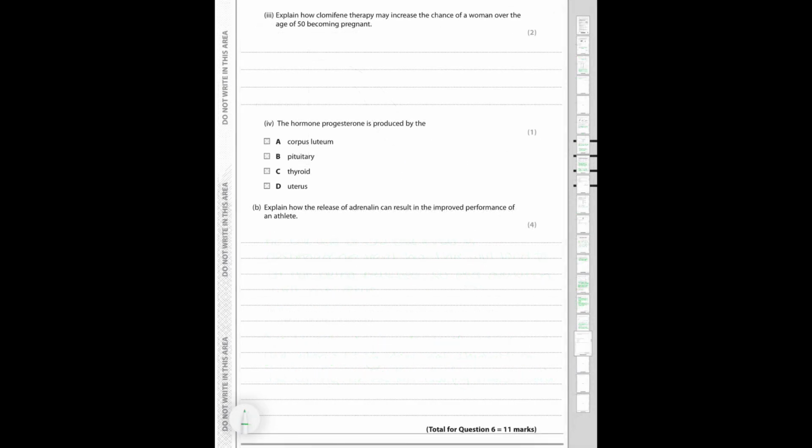Explain how clomiphene therapy may increase the chance of a woman over the age of 50 to become pregnant. So during this therapy, what happens is the clomiphene therapy causes the release of the luteinizing hormone, the LH, which then stimulates the ovulation of the egg.